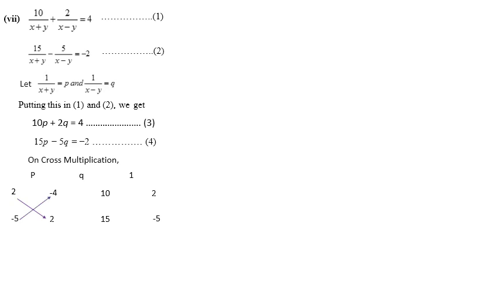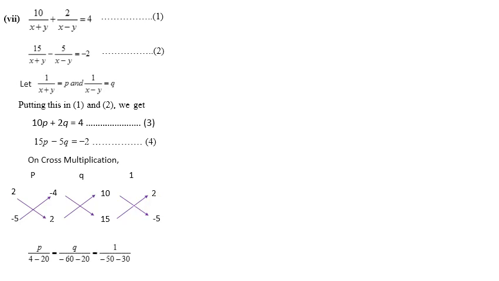For cross multiplication, as you know, you have to multiply this way first, that is p divided by 2 into 2 and minus 5 into minus 4. Next q divided by minus 4 into 15 and 2 into 10. Again 1 divided by 10 into minus 5 minus 15 into 2.